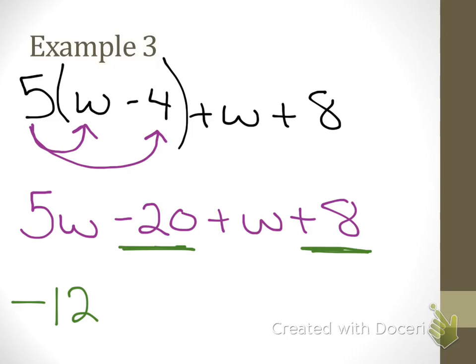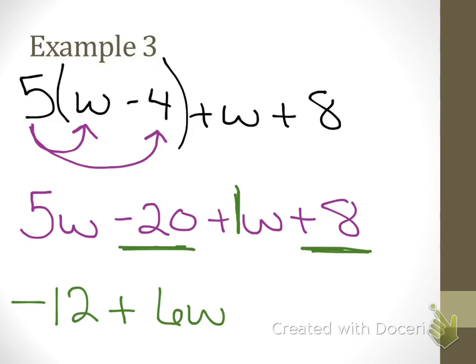Now, is there another set of like terms that I can combine? Daniel? W and W. Which combines to? What's 5w plus w? 6w. Because remember, there's always an understood 1 in front of a variable that doesn't have a number. So 5w plus w is 6w. What's another way I could write this answer and it still be correct?